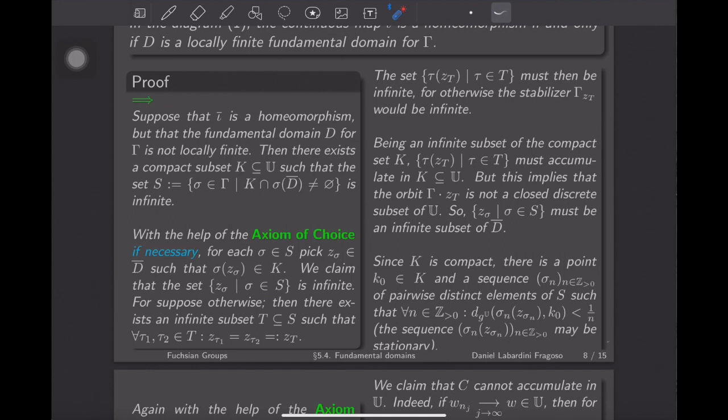Now I claim that this set of points of D bar is infinite. Suppose not. Suppose that this set is finite.